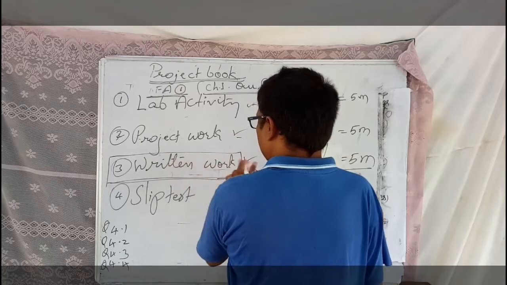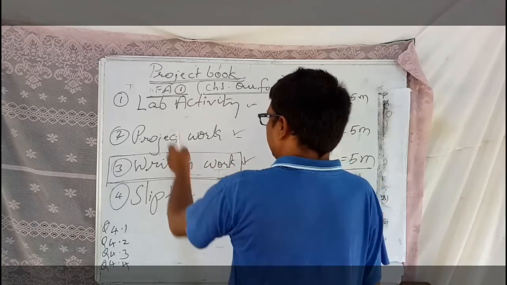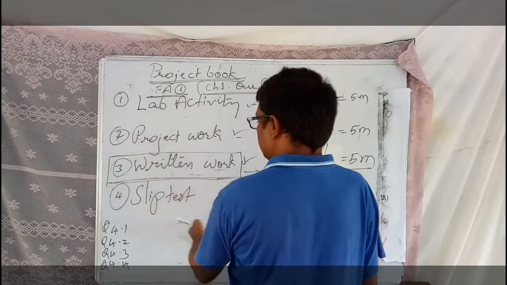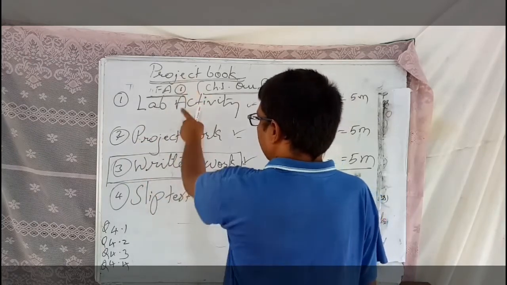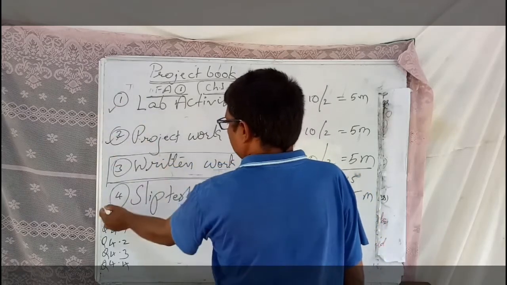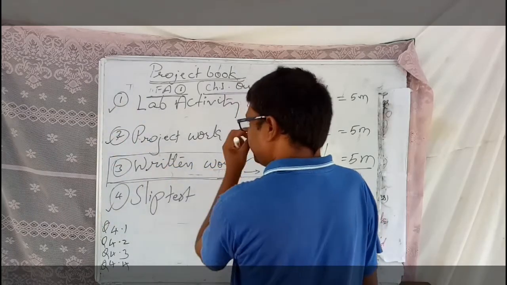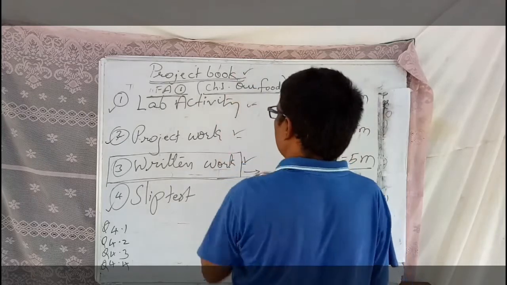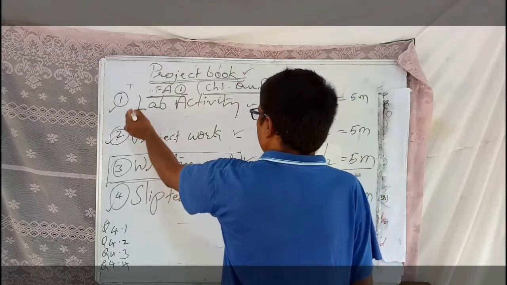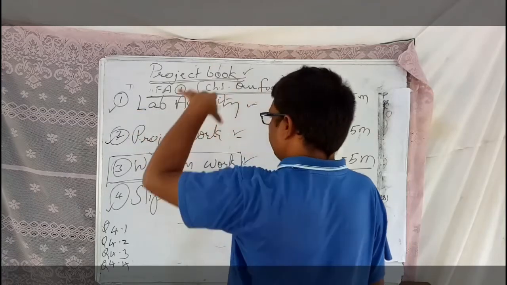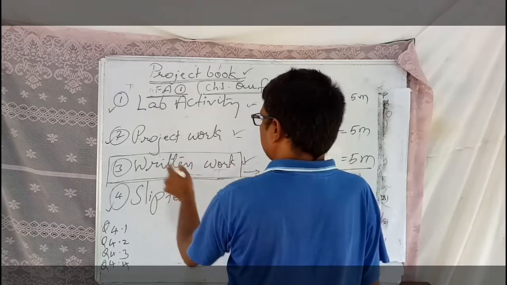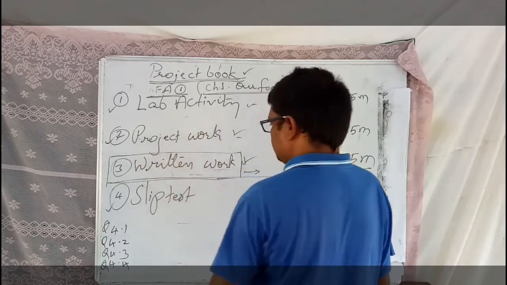Written work is related to the FAIR notebook, and lab activity, project work, and slip test, these three things should be written in your project book. Students, you should write the heading lab activity in one paper and start the lab activity in another paper. Same like that for project work also, and slip test also.